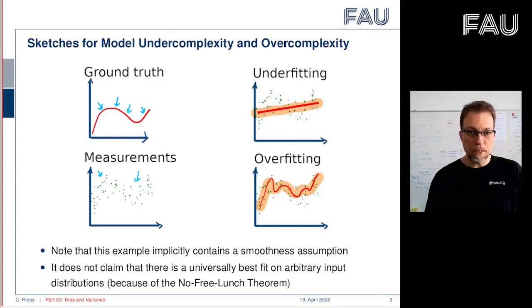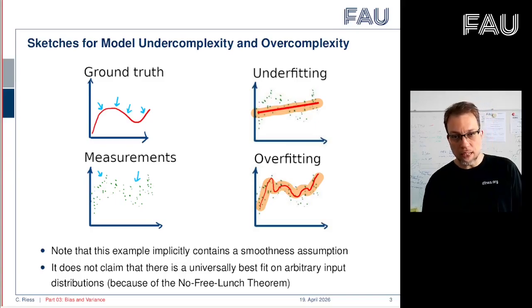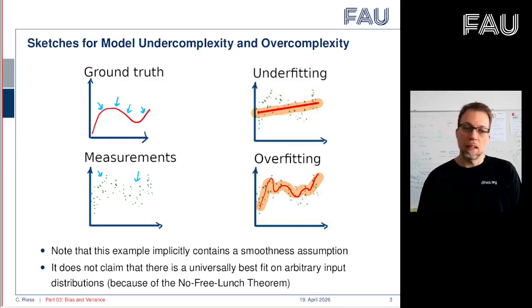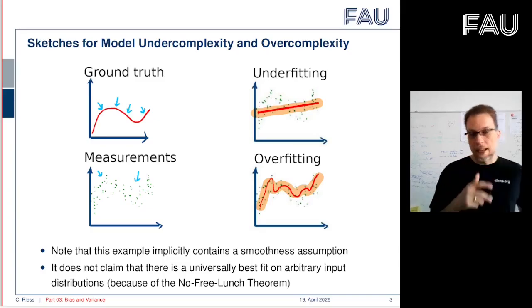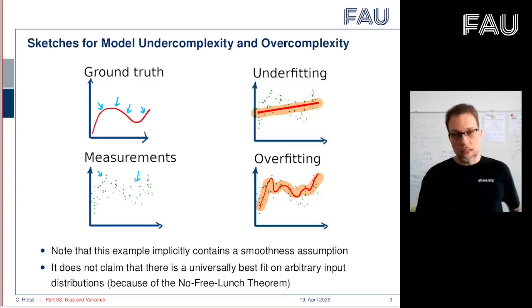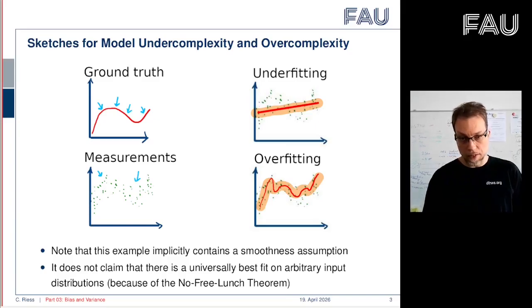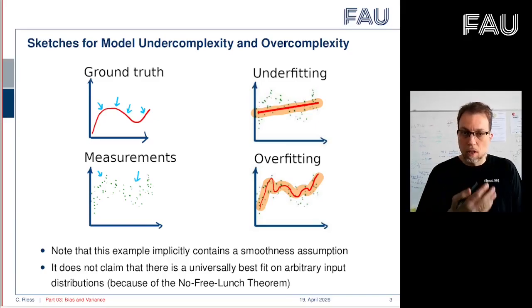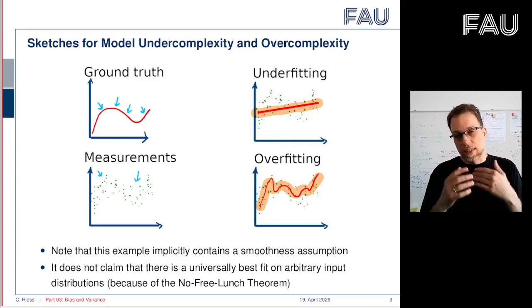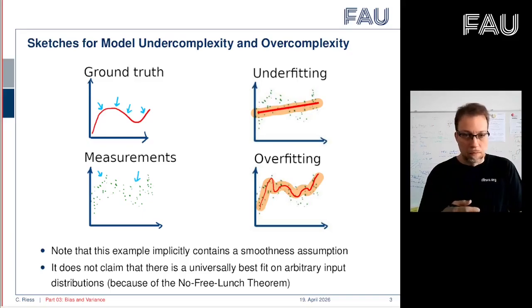So we would need something that is a bit smoother than this overfitting case and a bit more variable than the underfitting case. And you cannot solve this out of the box. There's the so-called no free lunch theorem that shows that there's no universally best fitting model complexity.